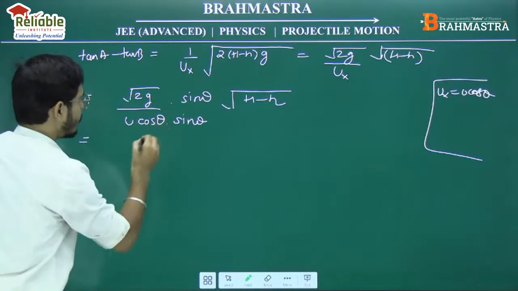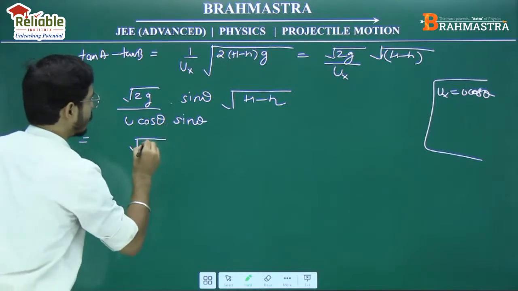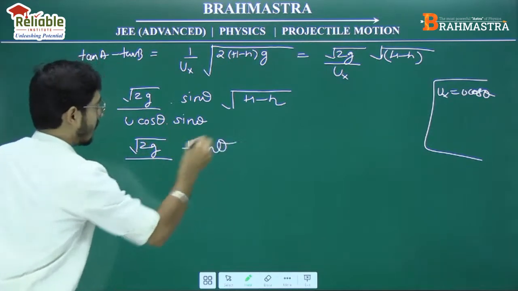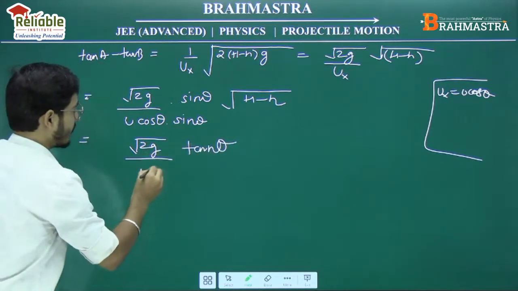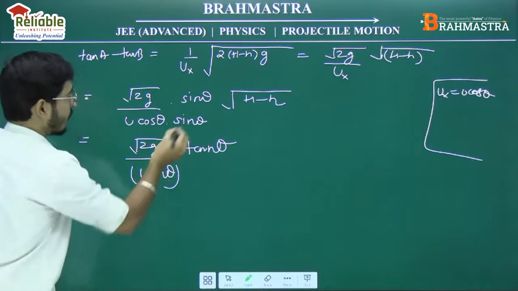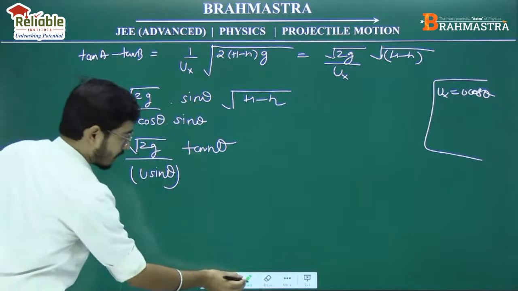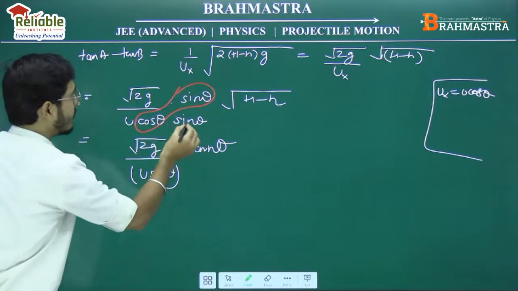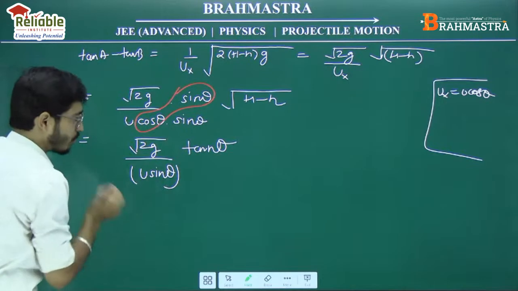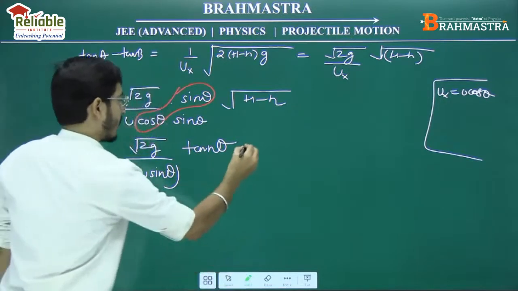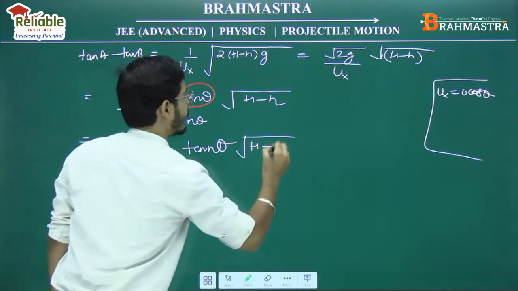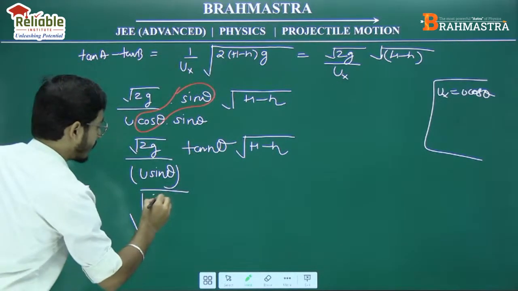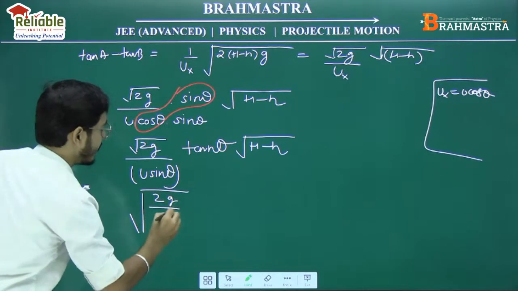Okay, so this becomes basically root 2g over u, this is the value tan theta. I hope you can see this. Then there is u sine theta. This becomes tan theta, and this sine theta I have taken with the u, it becomes u sine theta. Then there is an H minus h there. Let's take it in the under root, and it becomes 2g over u sine theta whole square.